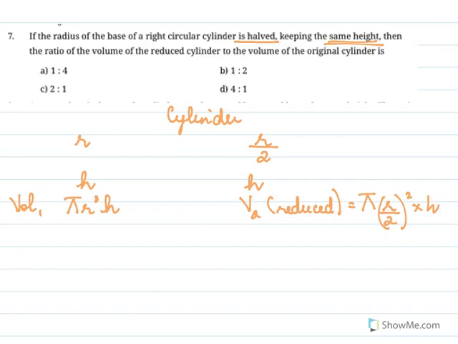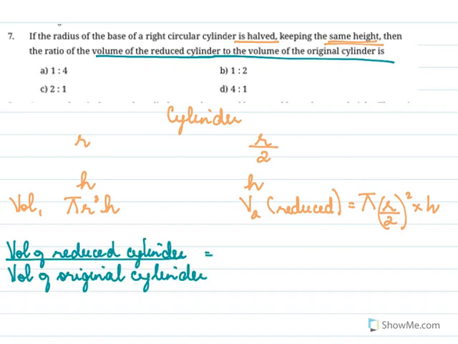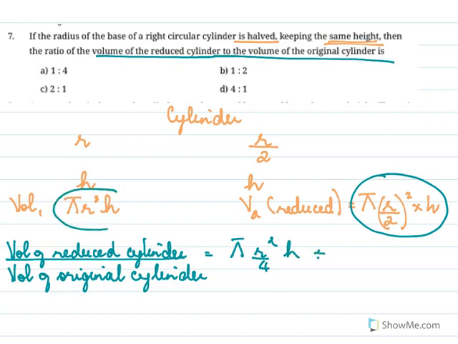And here we need to find the volume of the reduced cylinder to the original cylinder. So volume of reduced to original. Now the reduced is here. This is the volume of the reduced cylinder, pi r square over 4h, divided by the original cylinder.